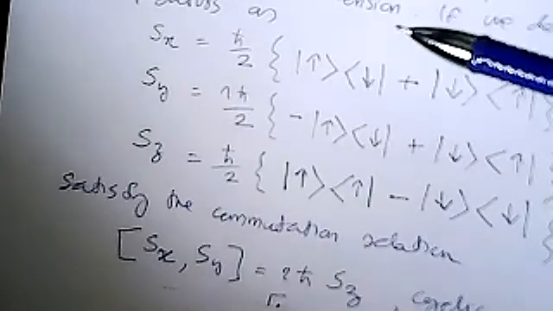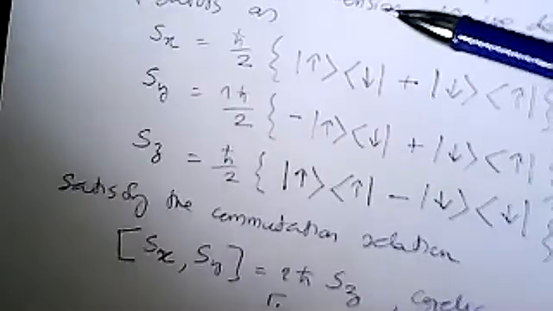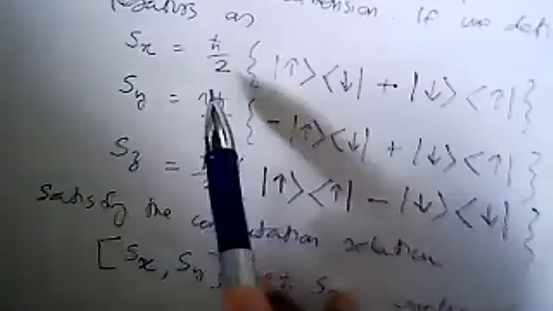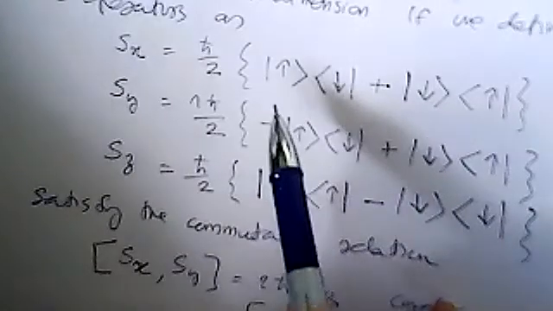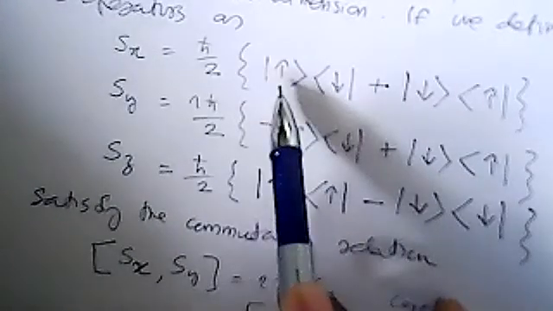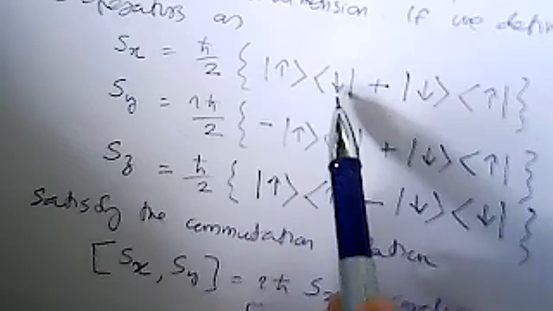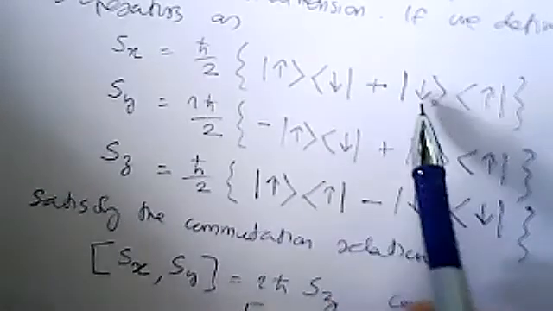That is a change which I am doing. So you can choose Sx as a combination of kets and bras of spin up and spin down: Sx = ħ/2 (|↑⟩⟨↓| + |↓⟩⟨↑|).